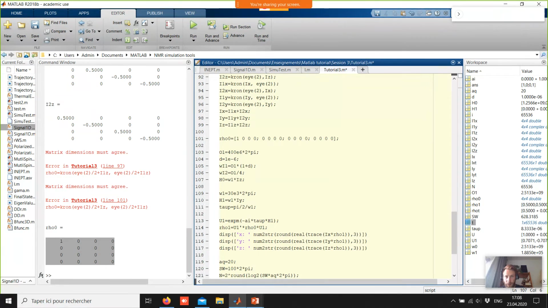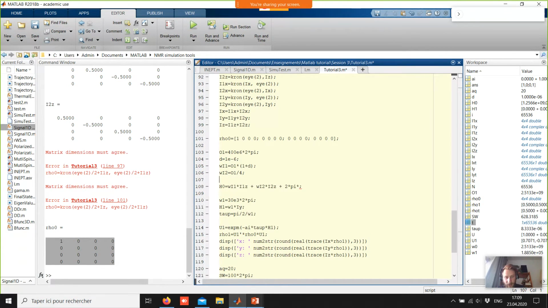So this would correspond to a proton and a carbon at high field. We need to modify the Hamiltonian. So this is the Zeeman term for spin 1, the proton, the Zeeman term for spin 2. I'm going to separate it so that they are clearer. I2Z. And now the J coupling Hamiltonian, so I need to define J, let's say 20 Hertz.